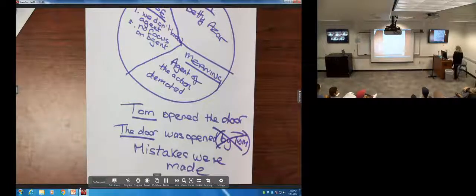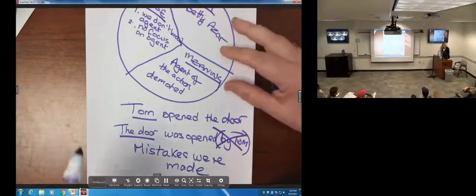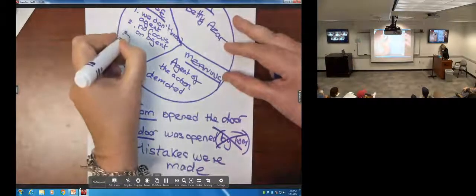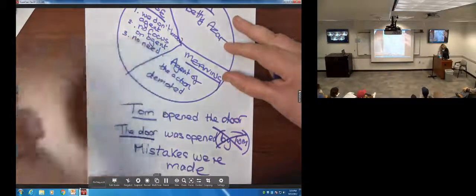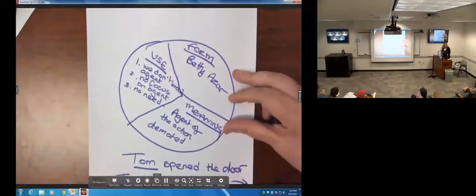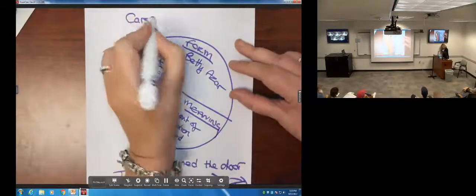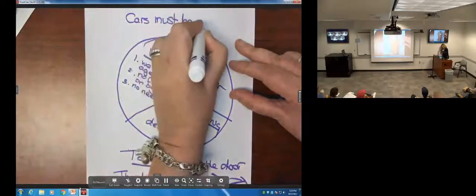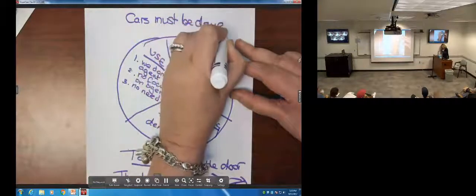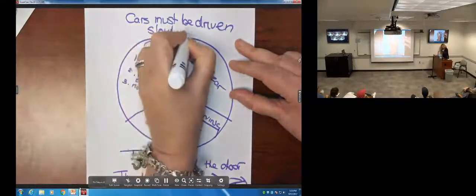And the third possibility would be common sense. Good, when it's common sense, when there's no need to mention the agent. So for that case, here's the one I always use: "Cars must be driven slowly up the ramp," right?